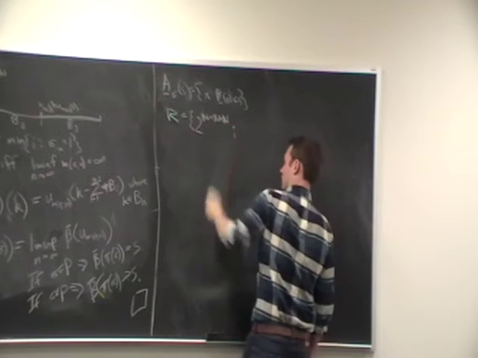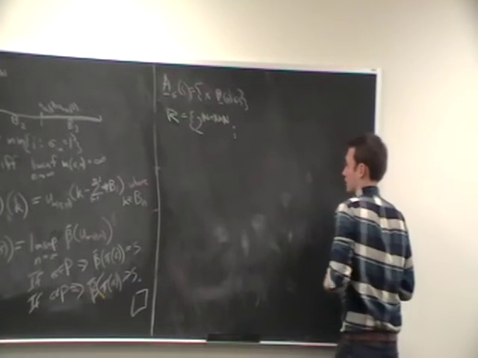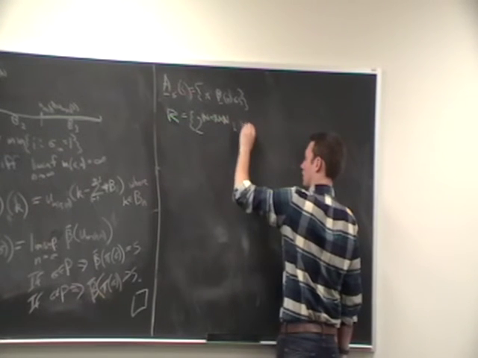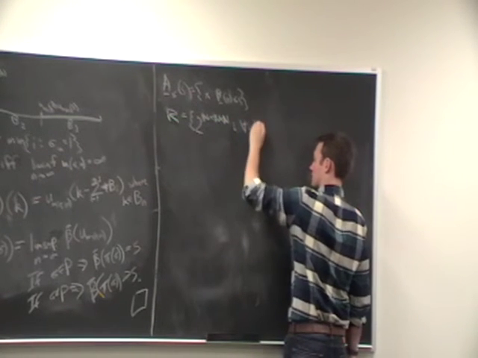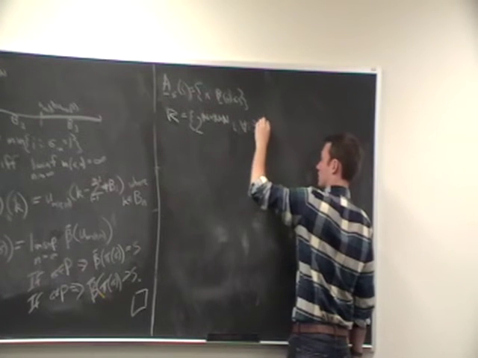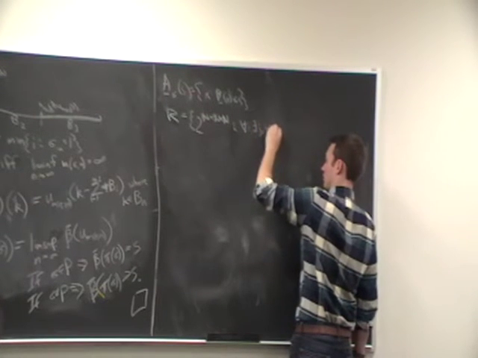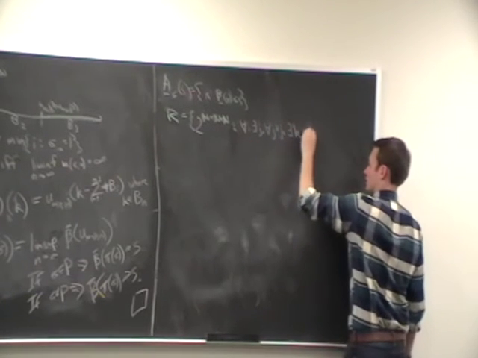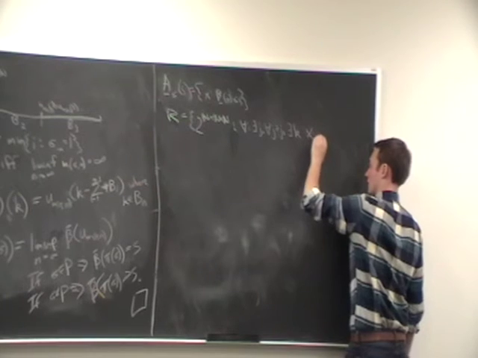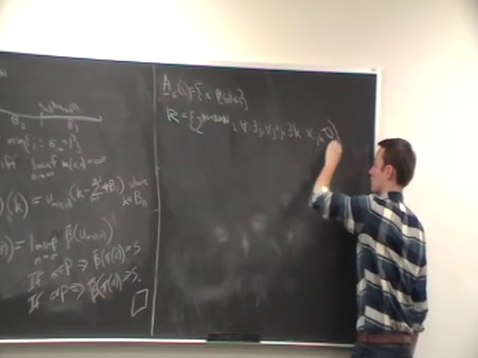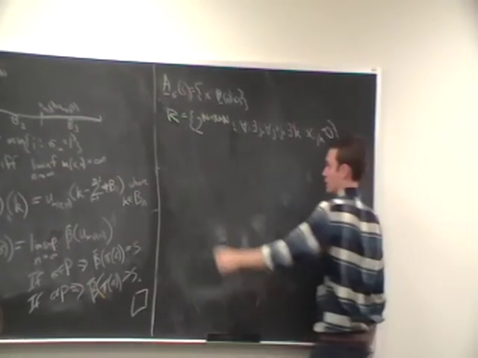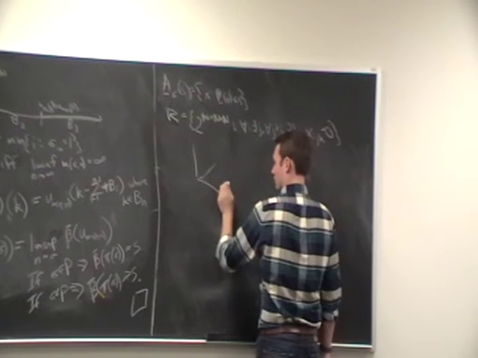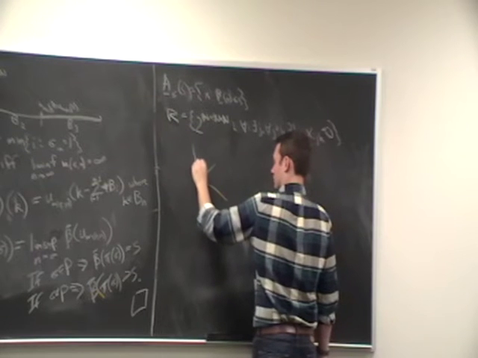So, a three-dimensional array of zeros and ones with the property that for all i, there exists j naught, such that for all j greater than or equal to j naught, there exists a k such that x sub i j k is equal to 0. So in other words, we have this big three-dimensional array of zeros and ones.